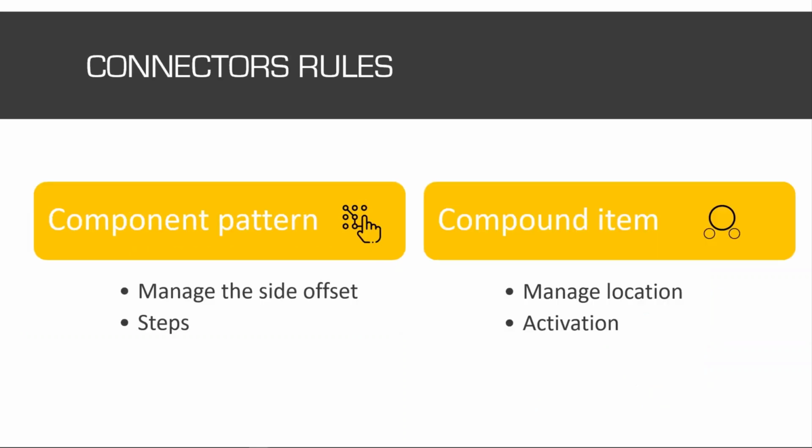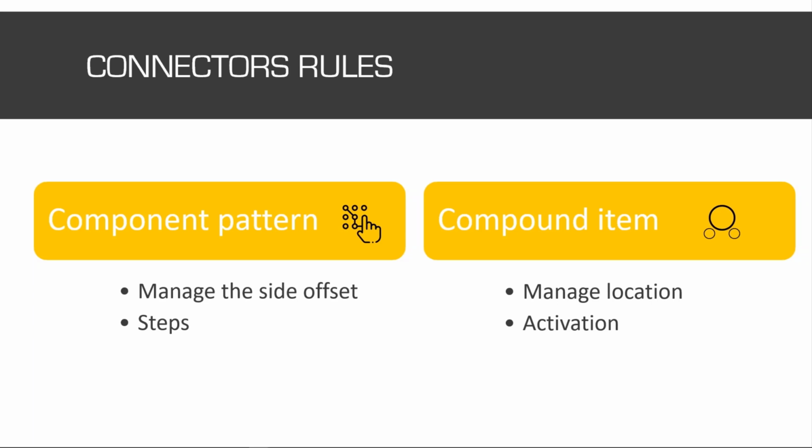So then let's start with the connector rules. In SWOOD Design, we have two main ways to create connectors and the rules of these connectors. The first one is the component patterns, in which you will mainly manage the side offsets and the steps that you have for your pattern.